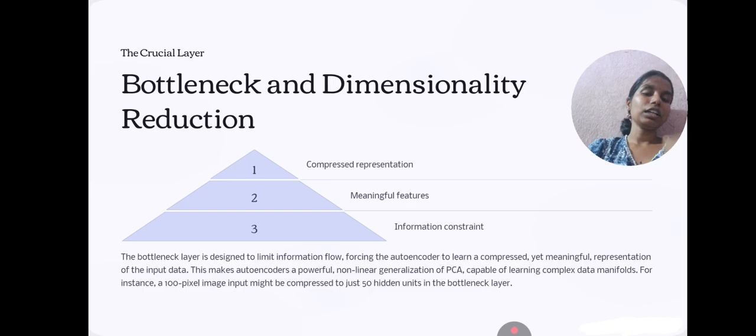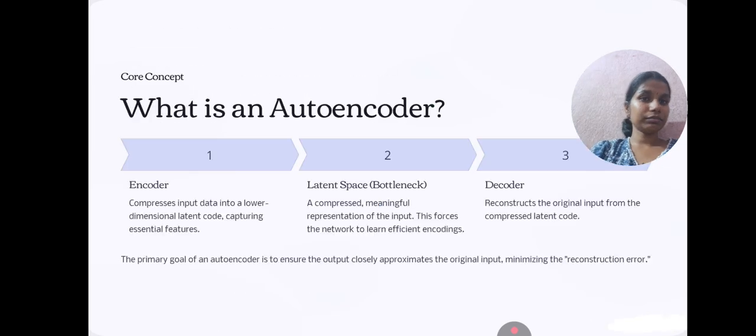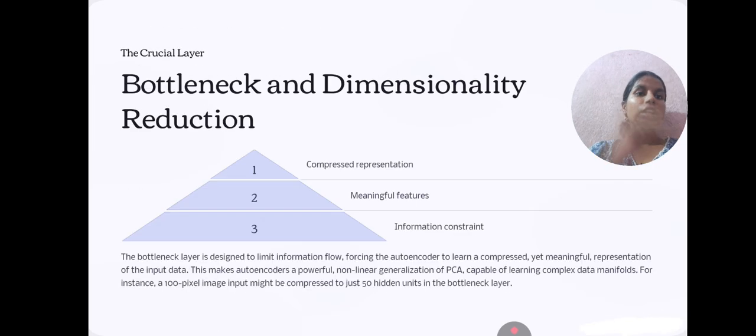Next one is bottleneck and dimensionality reduction. As we have learned earlier, there are three steps: the encoder, the bottleneck, and the decoder. In the first step, from the input data, only the essential features are extracted, and from those features it compresses into a low dimensional latent code, which makes sense in the bottleneck, where it gives meaningful features to that latent code.